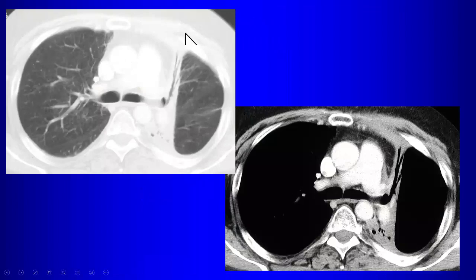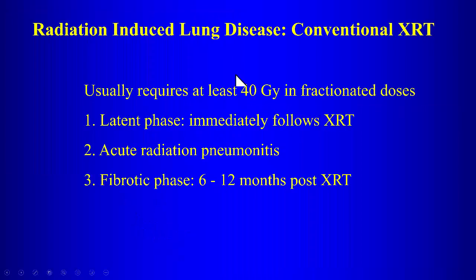Here's a very classic appearance, very straight margin here, not respecting anatomic boundaries, and you can see bronchiectasis and fibrosis in these areas where we have the post-radiation change. So that's a very typical finding of radiation change in these patients.